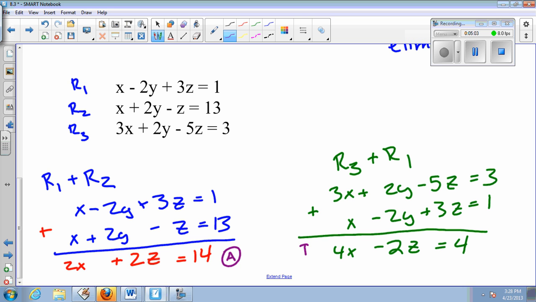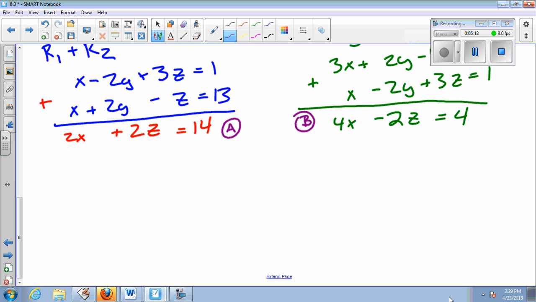A and B. And those are now two variables, x and z. We need to use either substitution or elimination to solve for one variable. So I see we have a 2z and a negative 2z, so we are going to do A plus B to eliminate z.